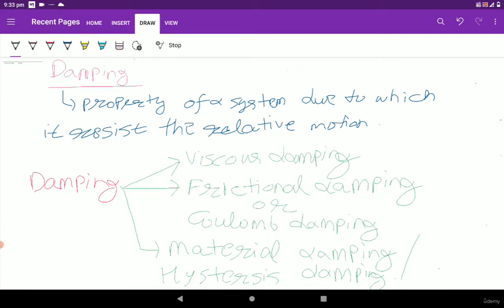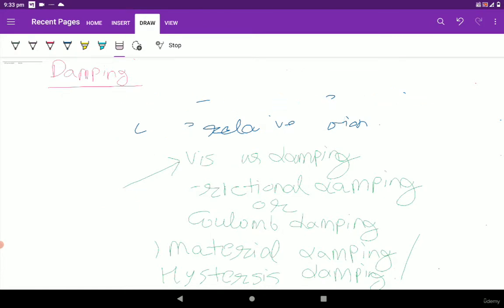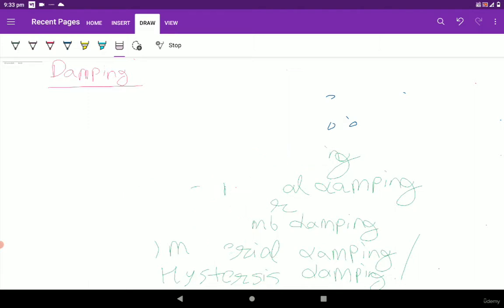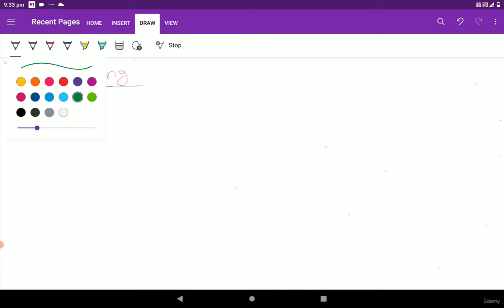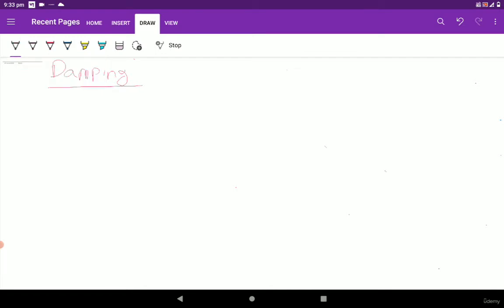So let's understand damping with the help of viscous damping. So let me erase this whole thing first. Here, just consider this system.